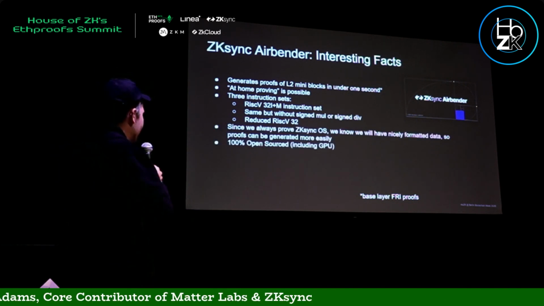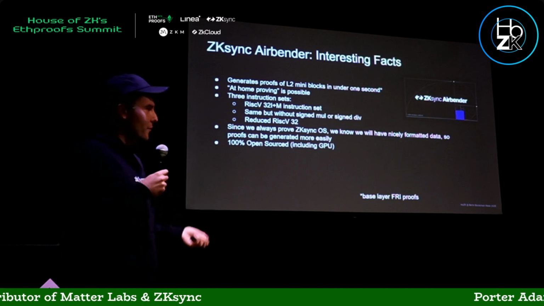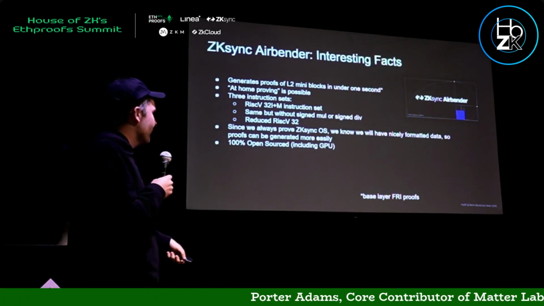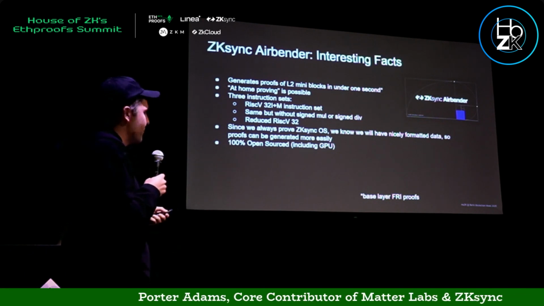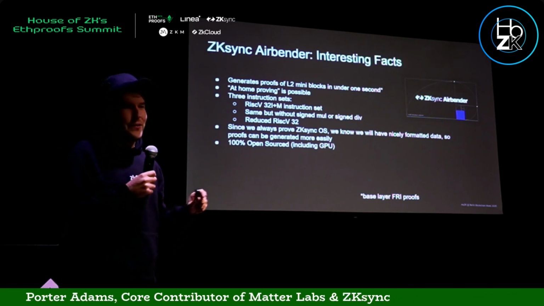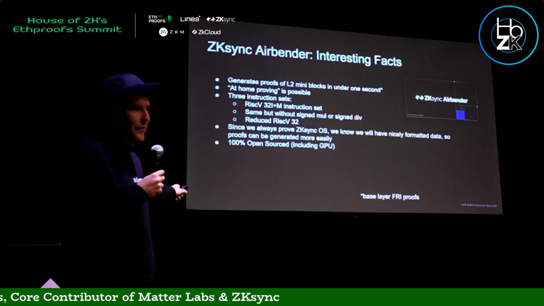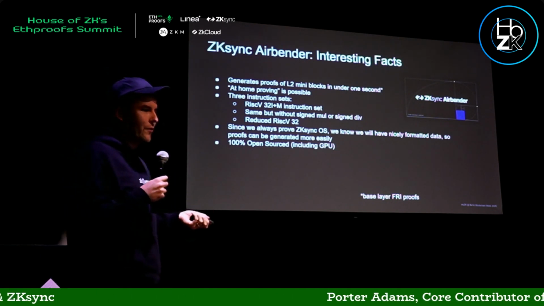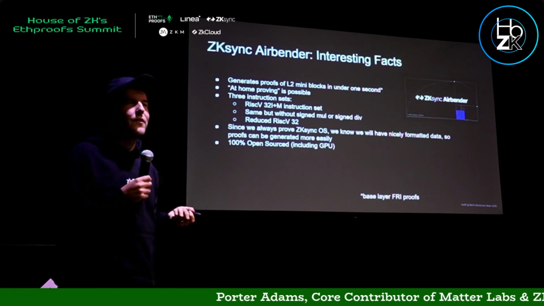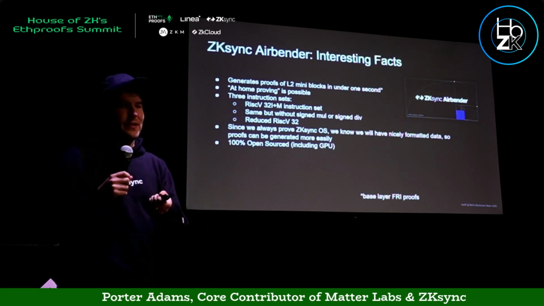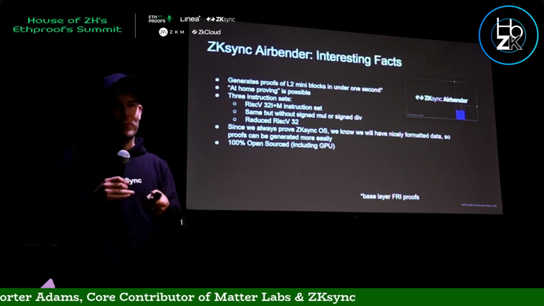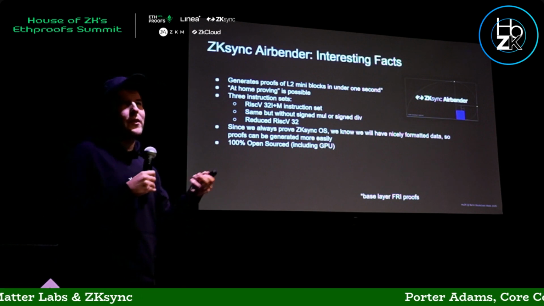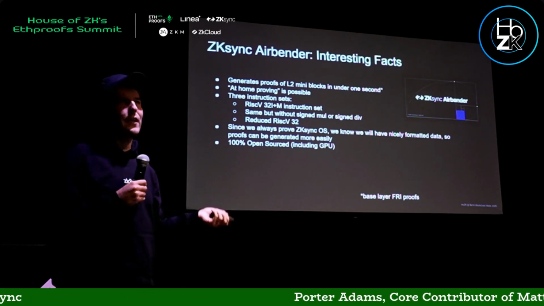Okay, 2 more fun facts. We are 100% open source, including GPU. And since we always prove ZKsync OS, we'll have nicely formatted data so the proofs can be generated more easily. This is a clunky sentence that I wrote for a PowerPoint slide, but in the code base, when I was checking it out, some of the coolest optimizations are stuff where you can assume that data is going to be passed in exactly this format, or that memory will be aligned exactly in this way, because we are always assuming that we're proving with ZKOS.